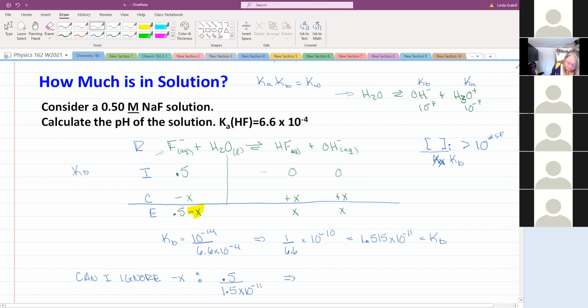The other way to write that is 0.5 divided by 1.5, and that 10 to the negative 11 comes up. I want to know if this is greater than 10 to the 2, since there are 2 sig figs here. So 0.5 divided by 1.5 comes down to about 10 to the 10. But without button pushing, even if it went down to 10 to the 9, that is greater than or equal to 10 to the 2. So I can ignore X.